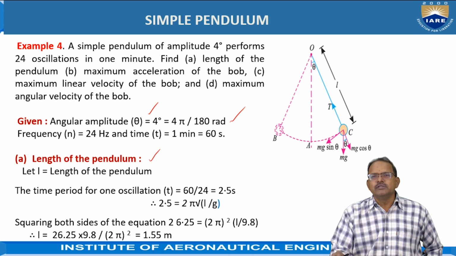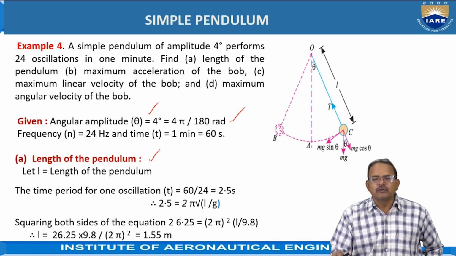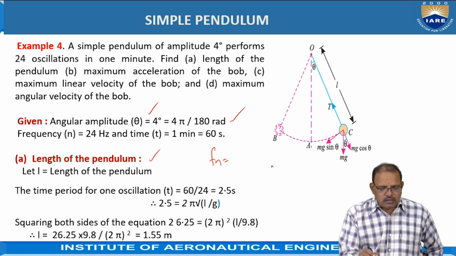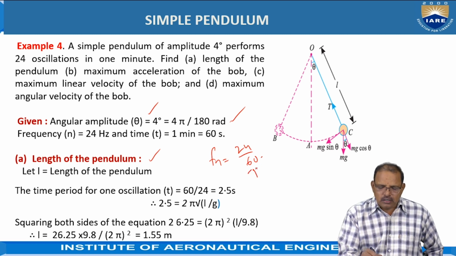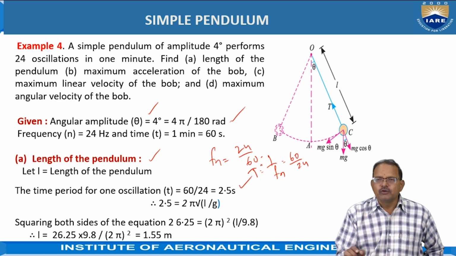Length of the pendulum: assume L is representing the length of the pendulum. The time period for the oscillation is the reciprocal of frequency, which is 60 divided by 24, because the frequency we have taken is the number of oscillations per minute, that is 24 by 60. So 60 divided by 24 is equal to 2.5 seconds.